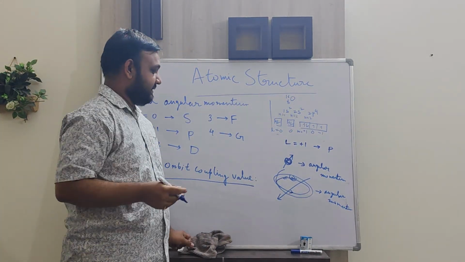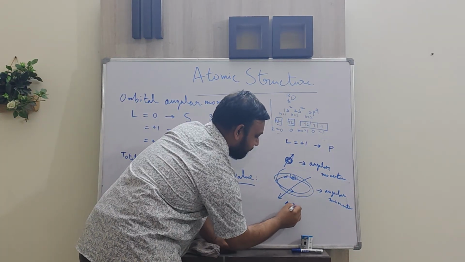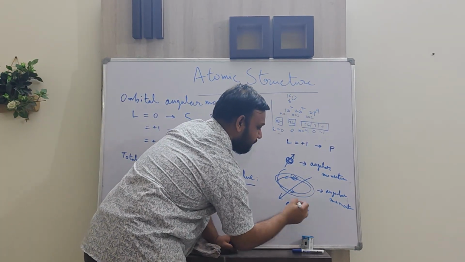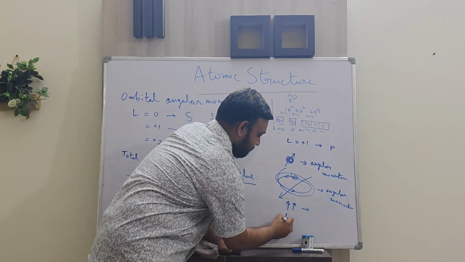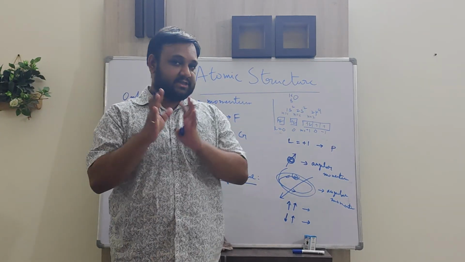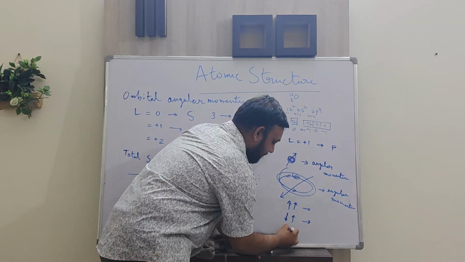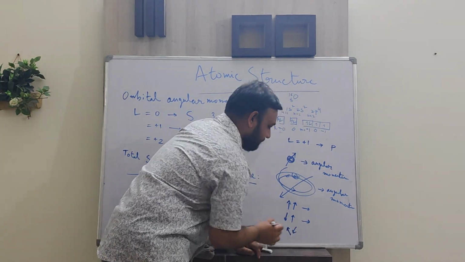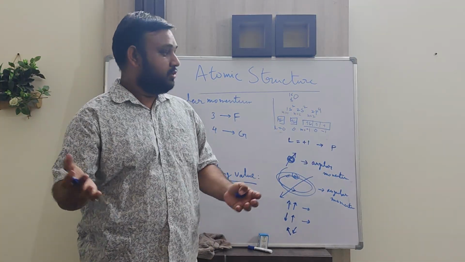Now the question is, if these angular momenta are in the same direction, they will add up. If they are in opposite directions, they will cancel each other or subtract from each other. And if there is some random direction, something like one upside, another something else, they will do a vector interaction.